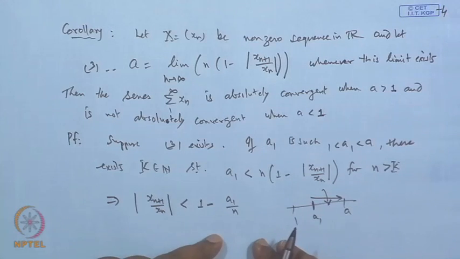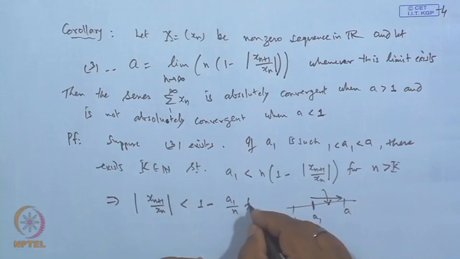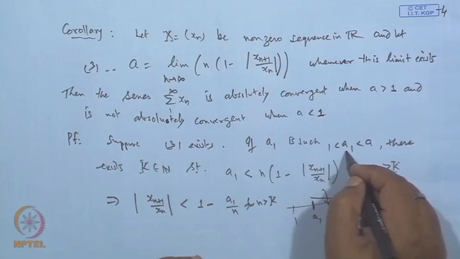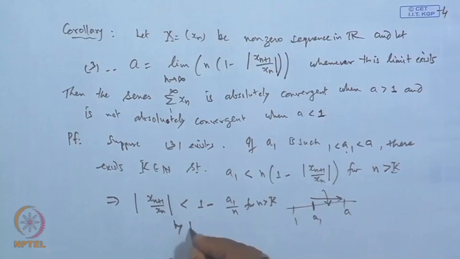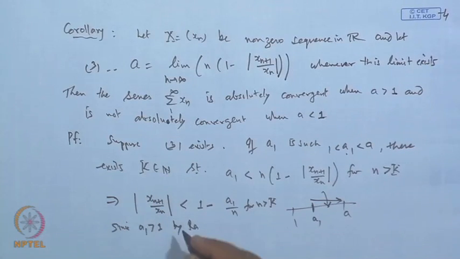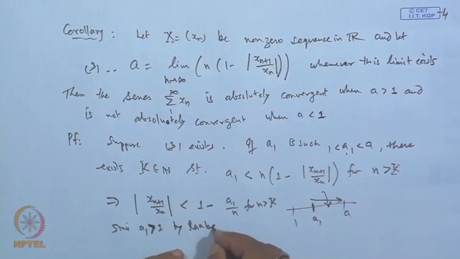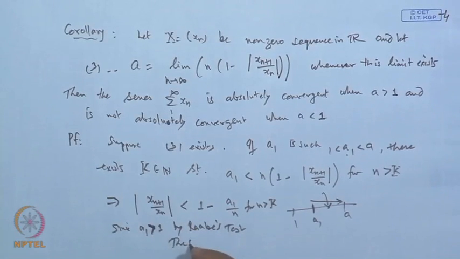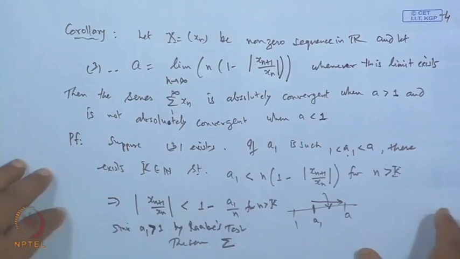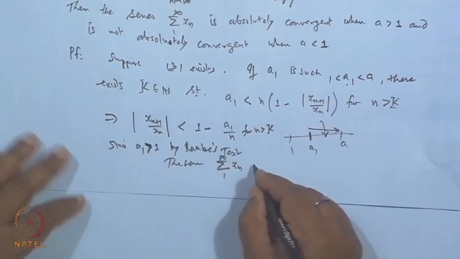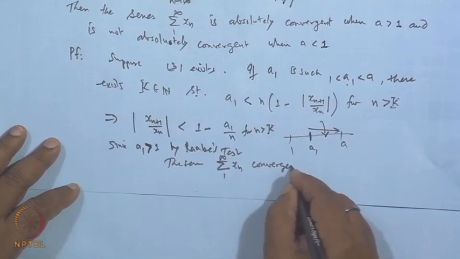And this is true for all n greater than K, but A_1 is strictly greater than 1. So, by Raabe's test, since A_1 is strictly greater than 1, the series sigma x_n, n from 1 to infinity, converges absolutely.